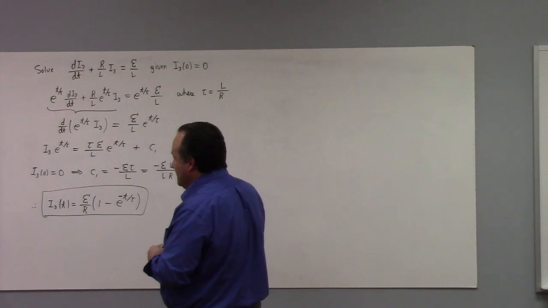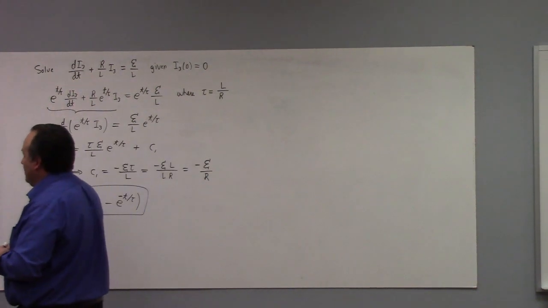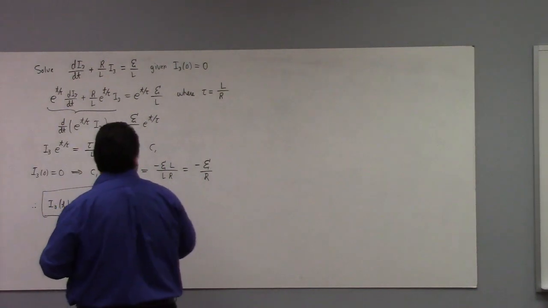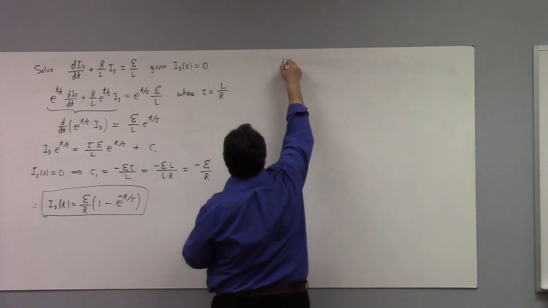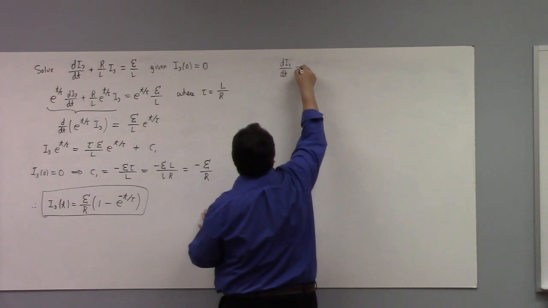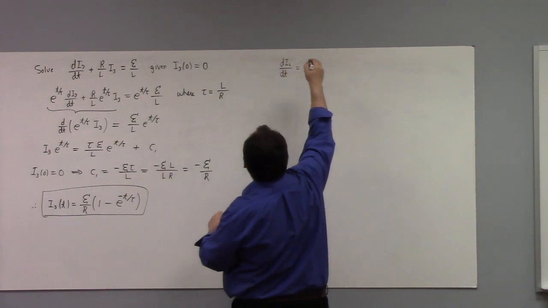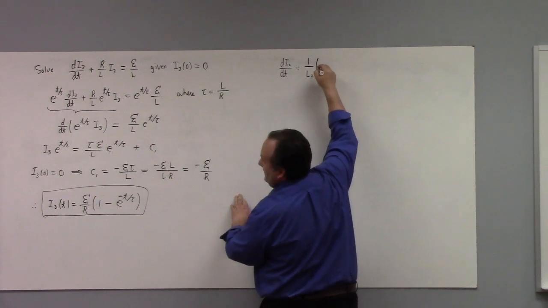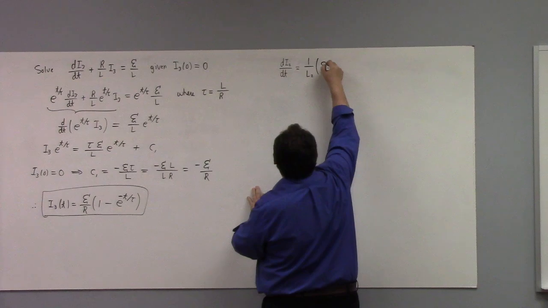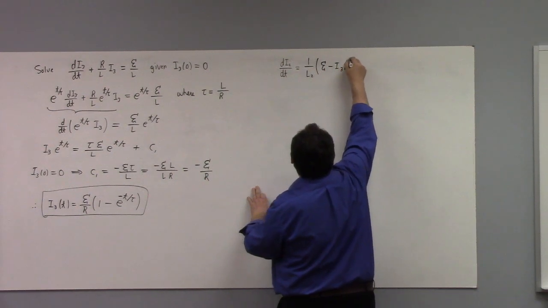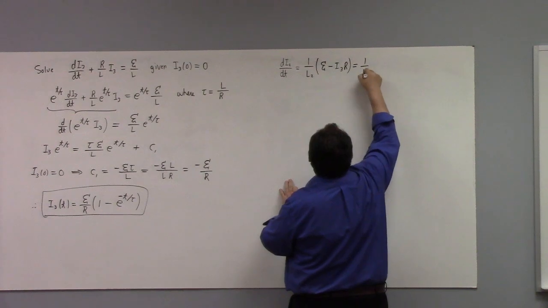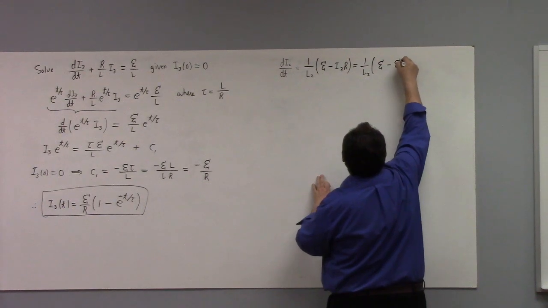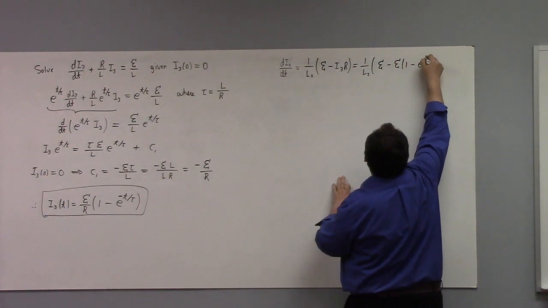We got a bunch of equations to use. Which one's the right one? How about this one? See, di2/dt is that. So let's go back to that guy. We had di2/dt equal to 1 over L2 times E minus I3 R, which is 1 over L2 times E minus E times parentheses 1 minus e to the minus t over tau.